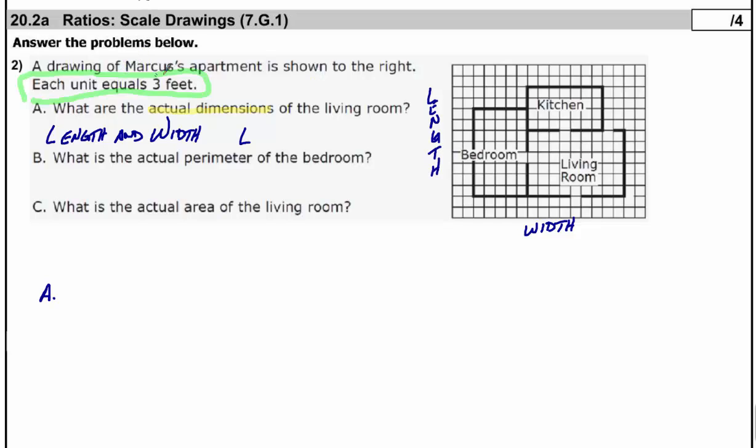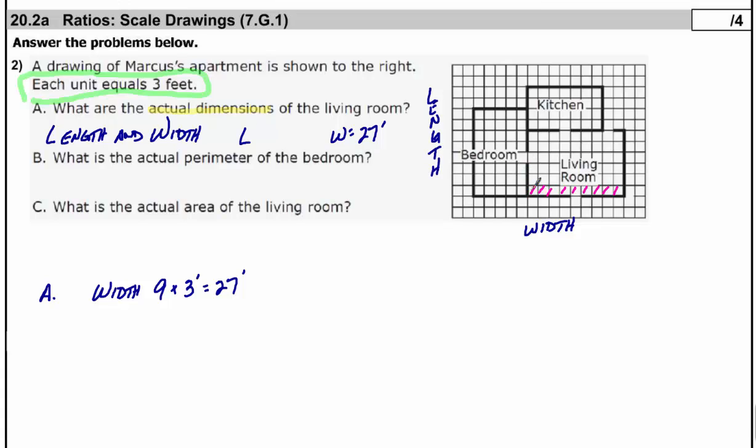So we know that each unit is 3 feet. So how many units are there? Well, there's 1, 2, 3, 4, 5, 6, 7, 8, 9. There are 9 units. So I'm doing the width now. For the width, there are 9 units, and each of those units is 3 feet. 27 feet all together. So up here, width was 27 feet.